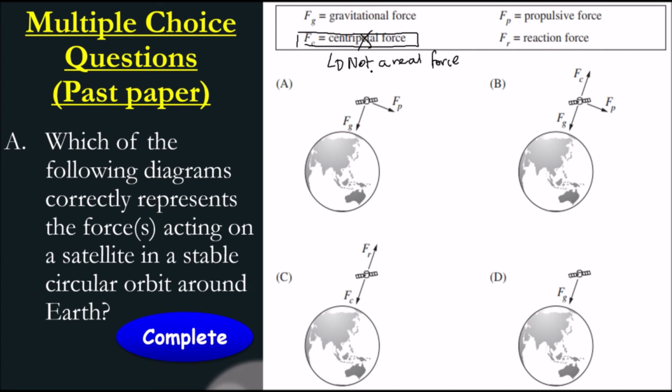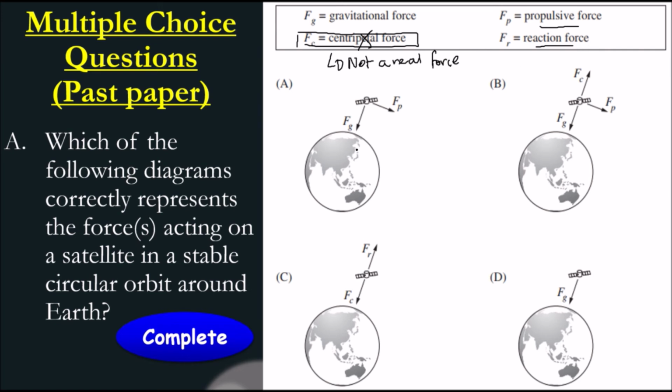Really keep that in mind in your explanation, okay? Because centripetal force is not a real force, that's not the reason why a satellite orbits around the planet. We have the reaction force, we have propulsion force. Now, here's the other thing. If we have a reaction force or propulsion force, it means we are applying a force in the direction of motion for our satellite.